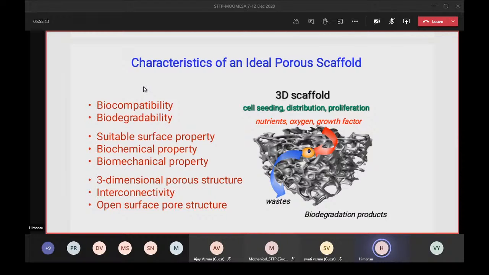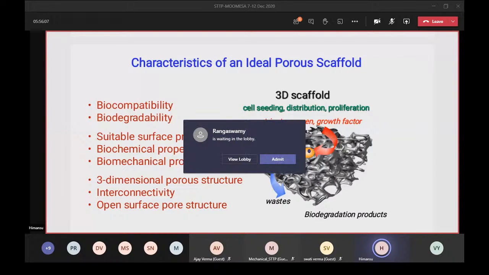Essentially, the porous scaffold on the right side is a three-dimensional porous architecture with a certain content of pores, which we call porosity. They should also have pore interconnectivity. Why? Because one pore should be connected to another, since the cells need to migrate from one place to another and create their own home. This is the ultimate aim of this kind of scaffold.